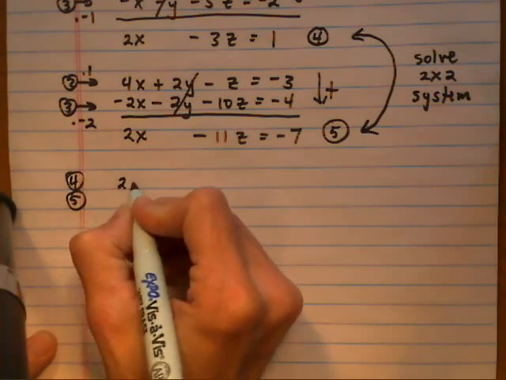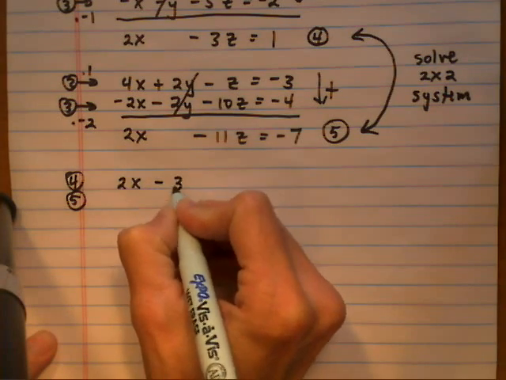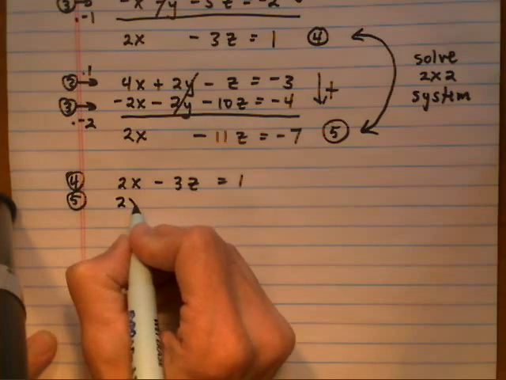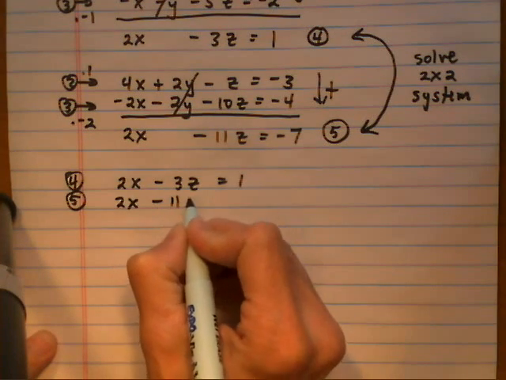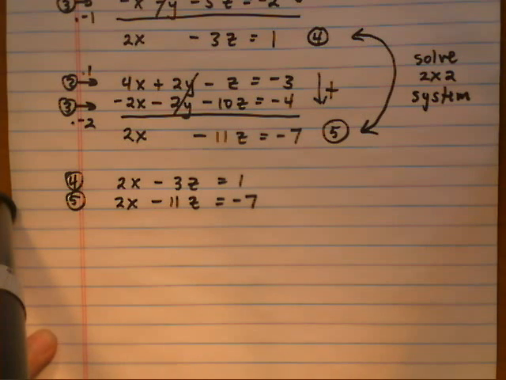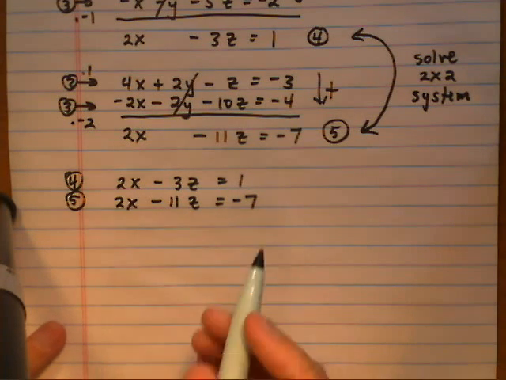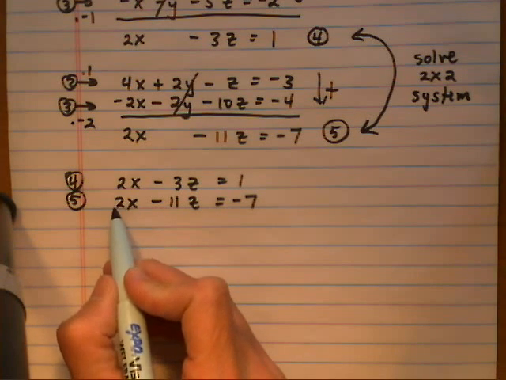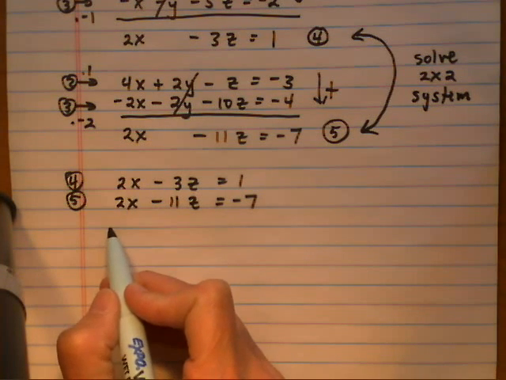We're solving the system 2x minus 3z equals 1 and 2x minus 11z, so this is equation 5, equals negative 7. And it looks like if we multiply by negative 1 on either one of these, it's going to switch signs, so the x's will cancel.